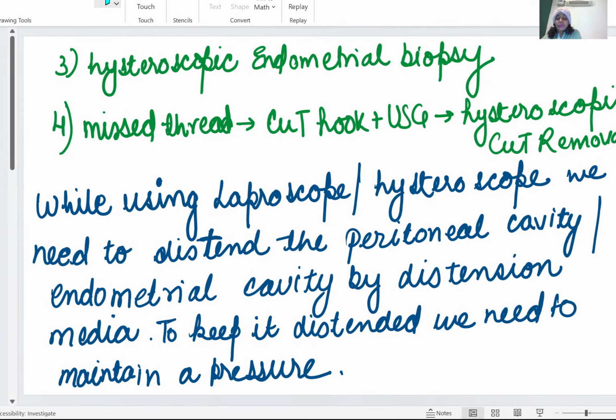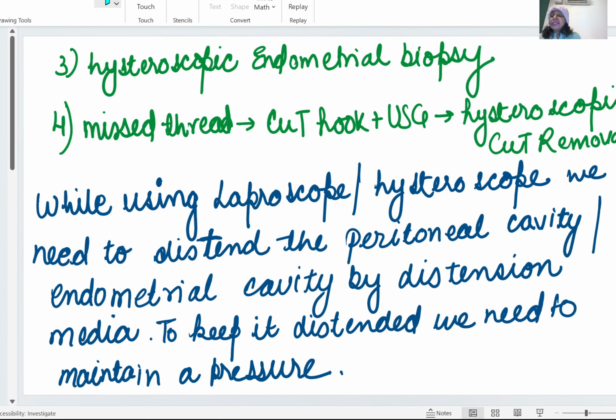Dr. Medha, are you there? Then which is the best endometrial biopsy method? It is the hysteroscopic endometrial biopsy method.